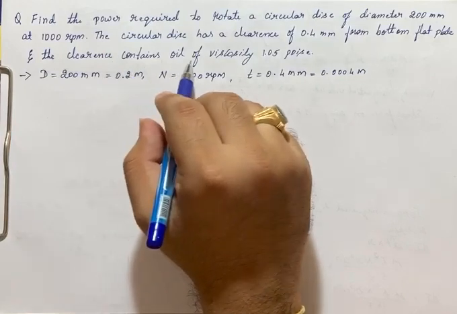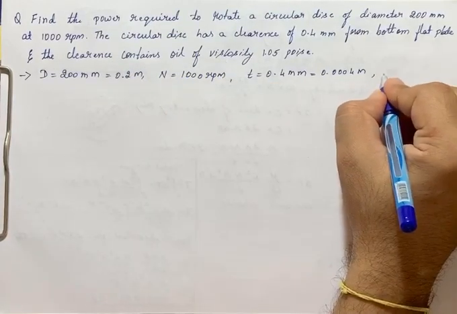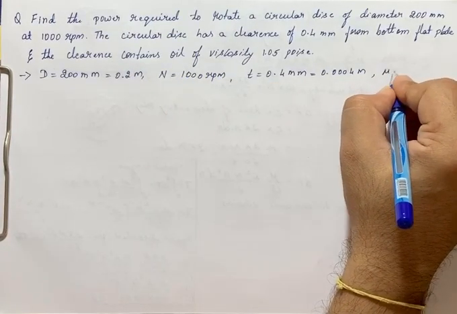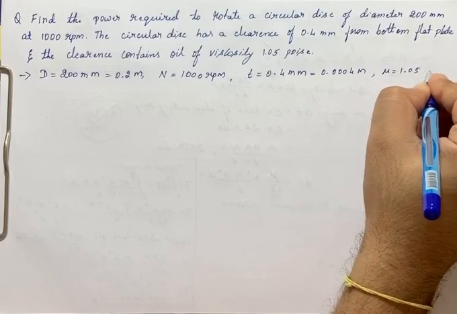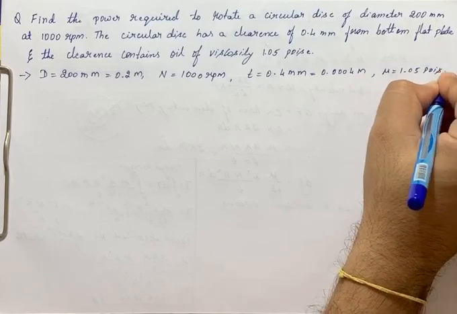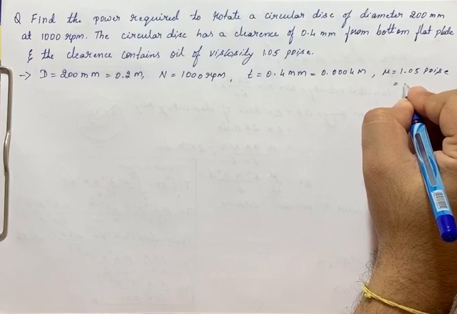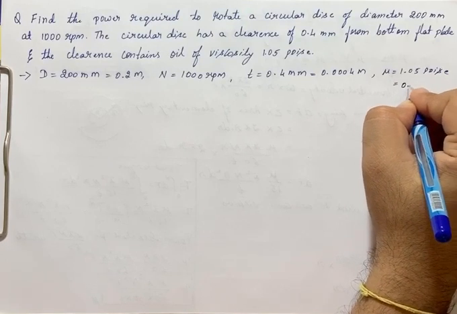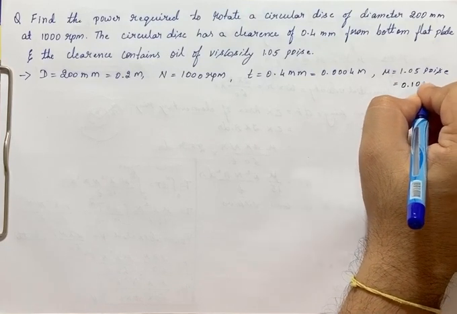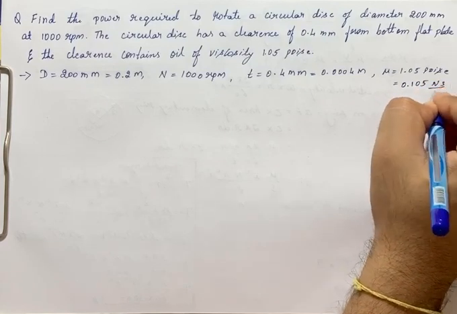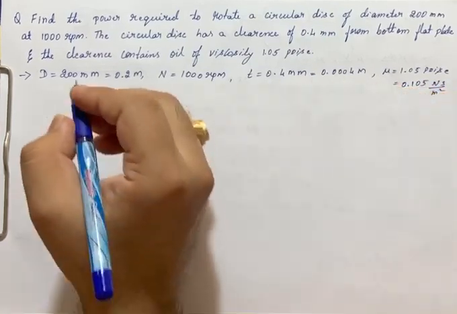The viscosity of oil, mu, is 1.05 poise, which is nothing but 0.105 Newton second per meter square.